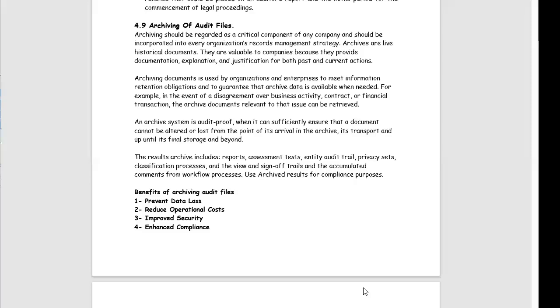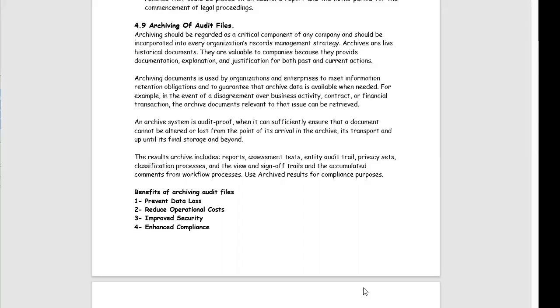You don't have access to a soft copy? Well, they're going to send it.